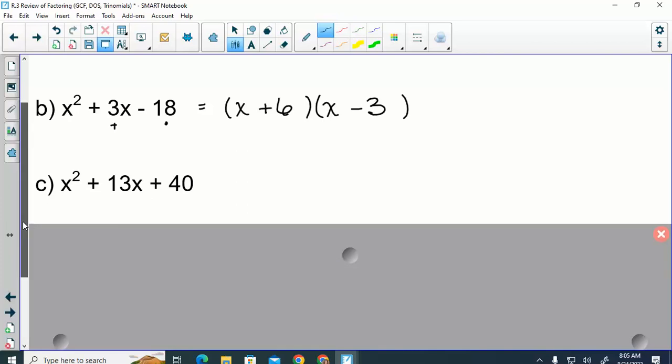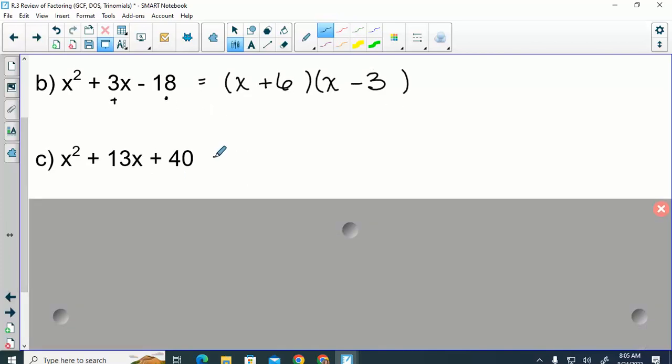Alright, we're going to do a couple more together, then I'm going to give you guys some to try. So x squared breaks into x. Multiply to 40, add to 13.